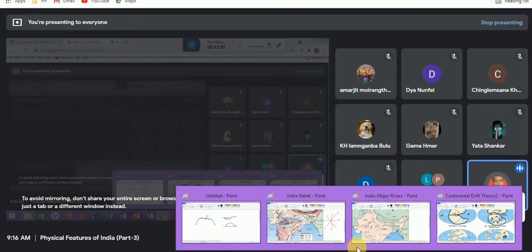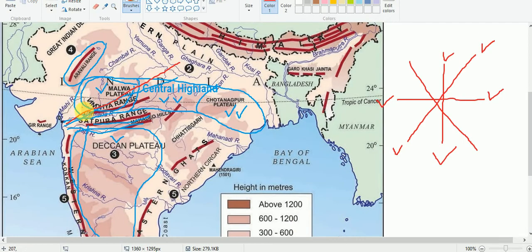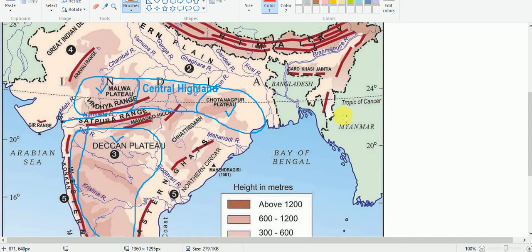Just see the diagram. Here we have the Narmada River, and as I told you, this section south of Narmada River is known as the Deccan Plateau.